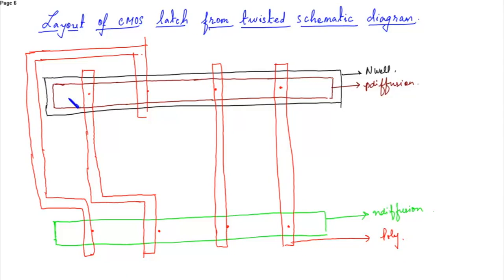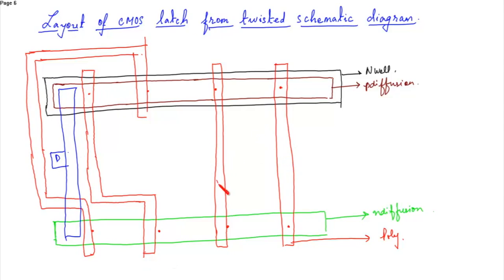So now this is the drain. This is a source connected that gives you the input D. Okay, so this was the input D. This is D, and this point was connected to here.